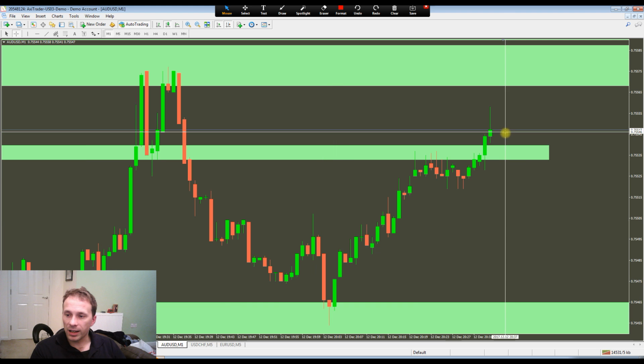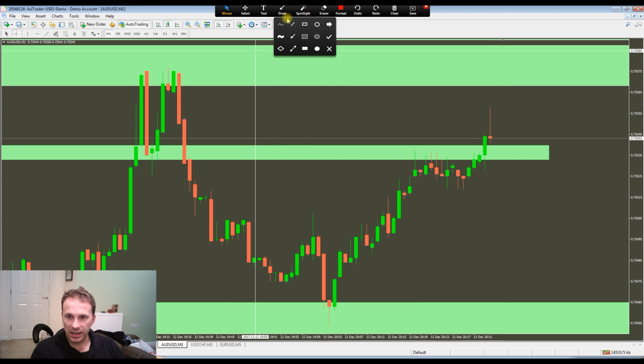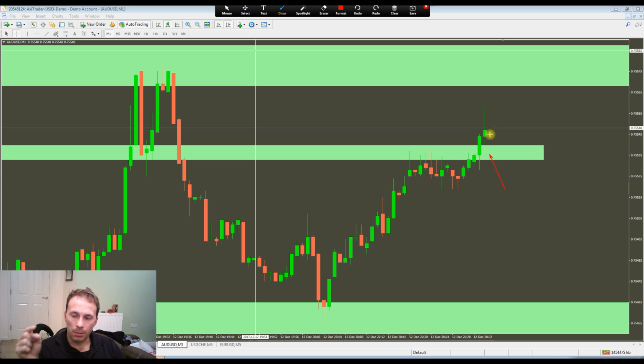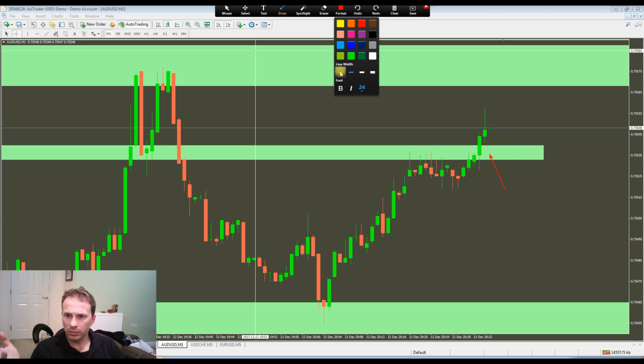But you see here, you could technically get in again because it's broken a resistance. But I would only get back into this trade if this price comes back down.